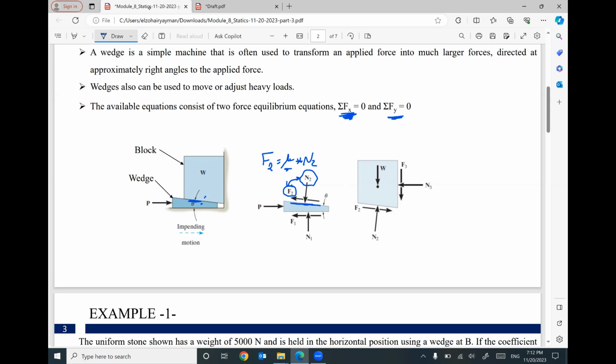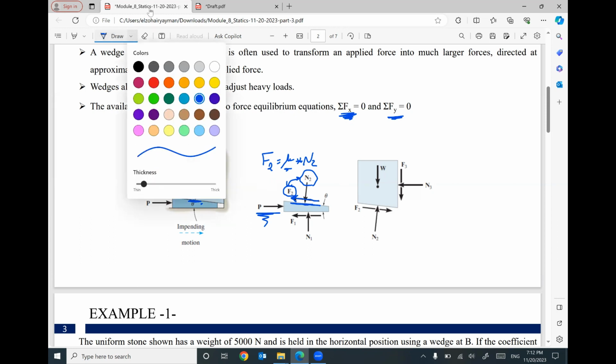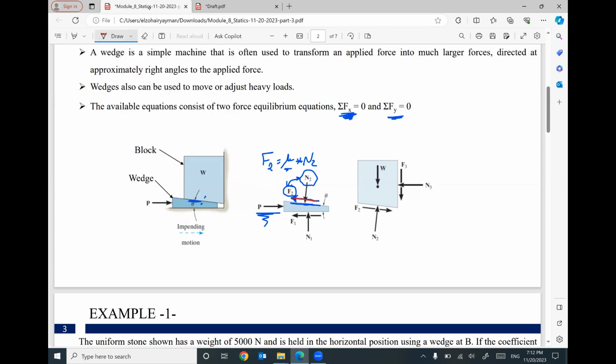And keep in mind, the direction of this friction force must be opposite to the direction of movement. Since you are pushing this wedge to the right, the movement will be to the right. So I expect friction here on this surface to be opposite. The same, we have a contact here between the wedge and the ground surface.